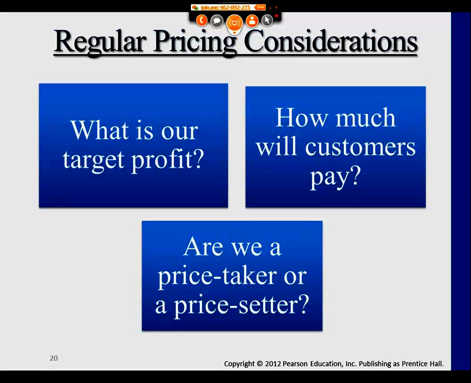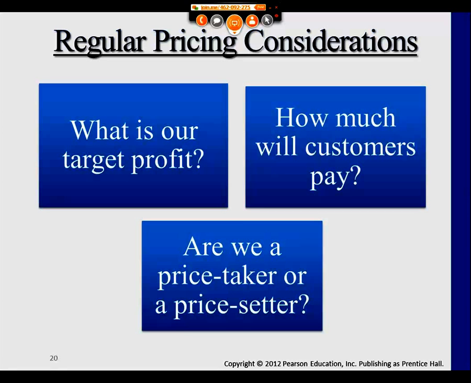So we see this trend that stockholders are not happy. And it's because once I'm not hitting the target profit, something is not right in my operations.